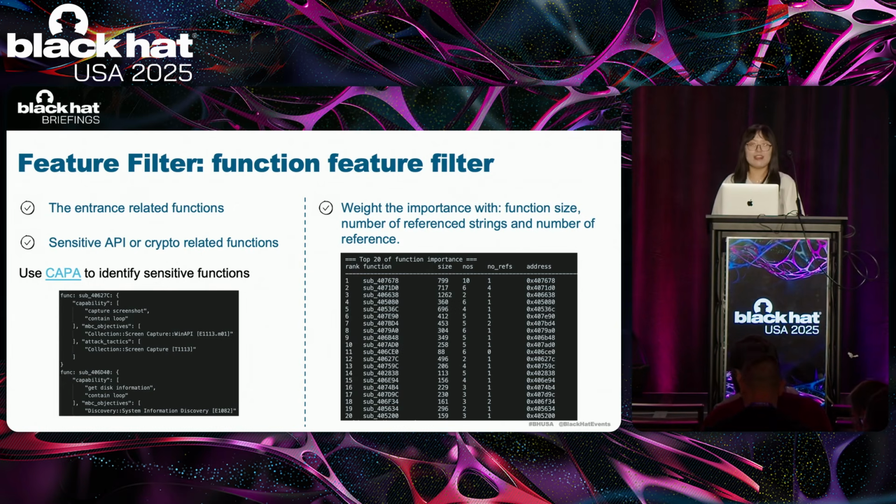Third, we design a function importance evaluation algorithm to select functions that call more strings or are called more frequently. By combining signature-based filtering and the collection of suspicious functions, we complete the filtering of function features.